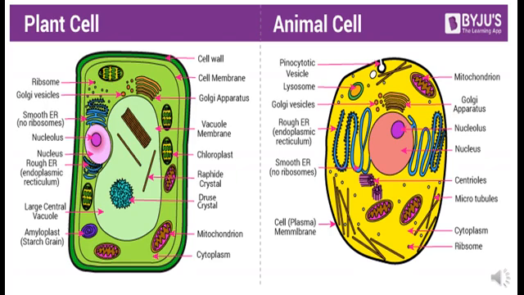Now observe carefully and note the differences between the two. You can see which organelle is appearing in the plant cell and which is not appearing in the animal cell. The main differences you can picturize with the help of the diagram. These are the important diagrams.